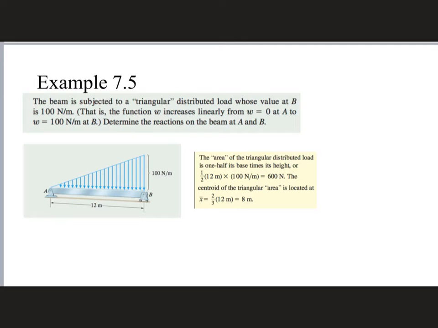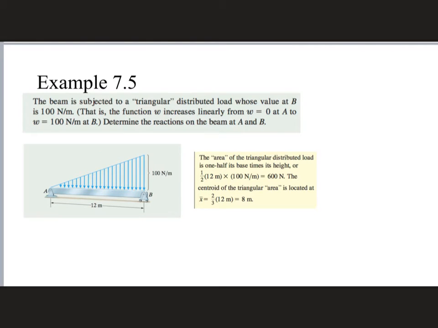Okay, let's look at this example. A beam is subjected to a triangular distributed load whose value at B is 100 newtons per meter. That means that the distributed load function w, the weight as a function of position x, increases linearly so that there's 0 weight acting at point A and 100 newtons per meter acting at point B. And the amount of increase is linear.